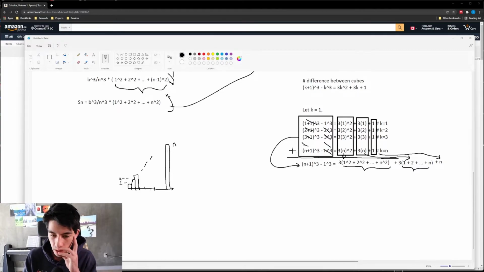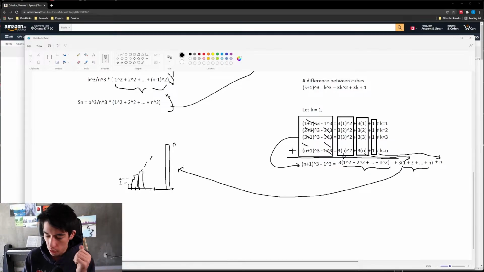There's a nice trick. First off, this whole area defined by all these rectangles is equal to this sum, right? So that's how we draw it.